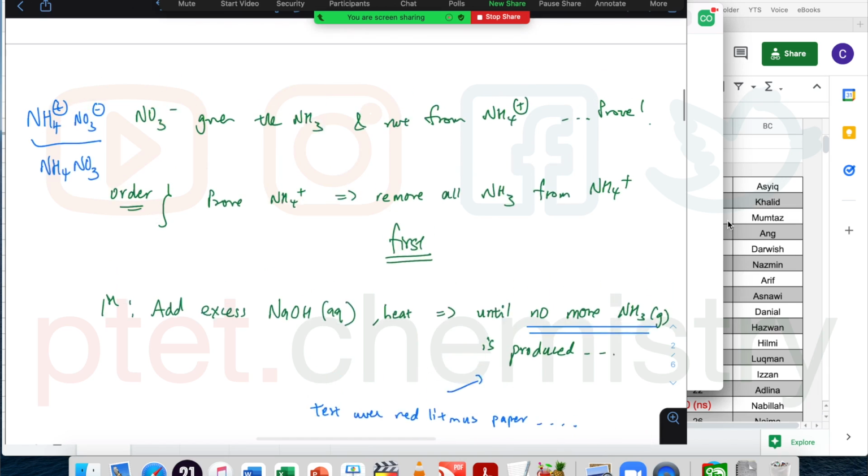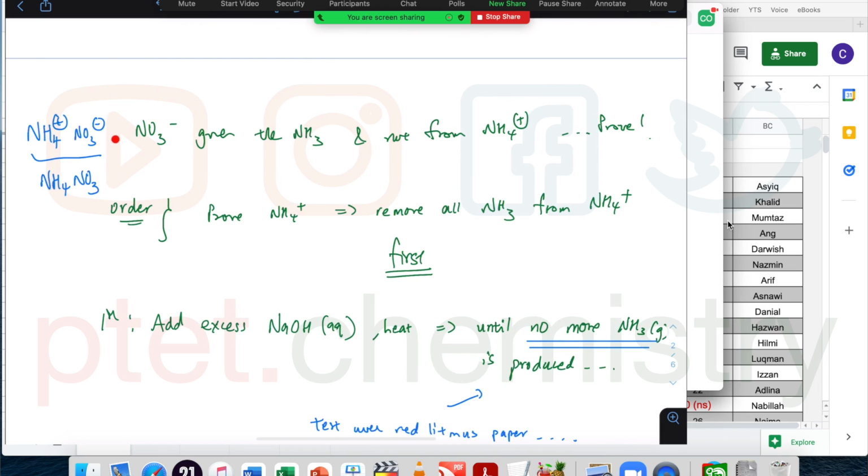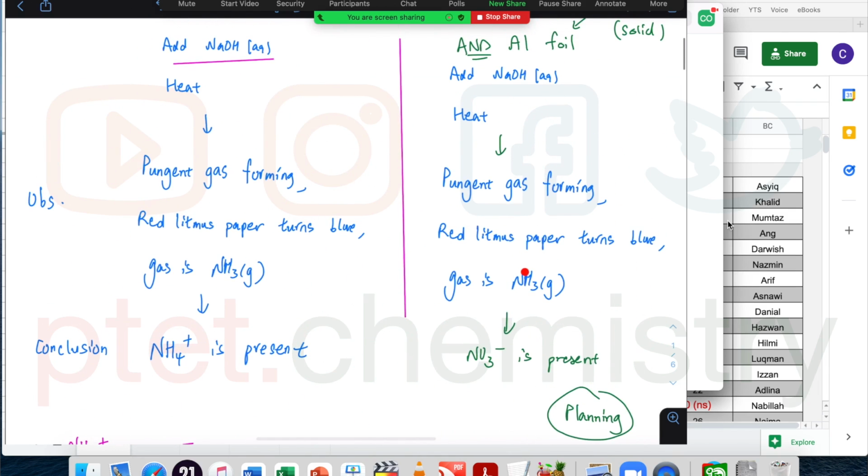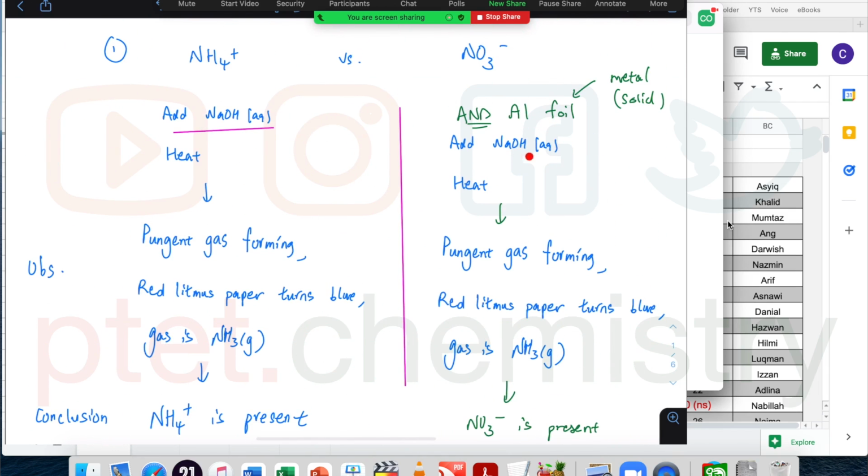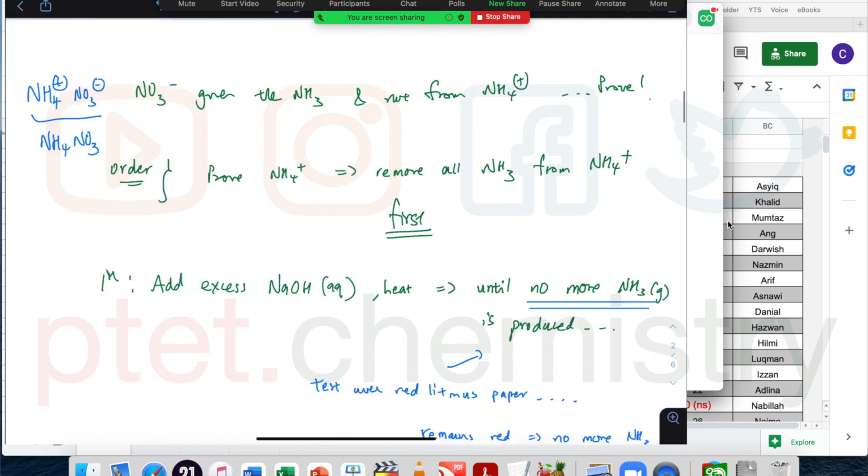Now I can prove does it contain NO3- or not, because the NO3- will also give me ammonia. If I add aluminium foil with NaOH, if nitrate is present, I'll get ammonia. Because I removed all the ammonia from ammonium, so whatever ammonia I get must come from the nitrate. That's the idea behind this.